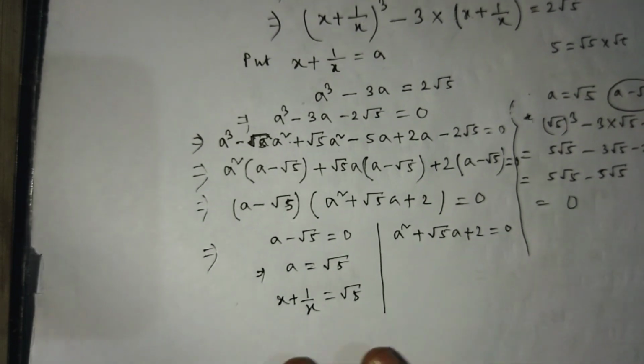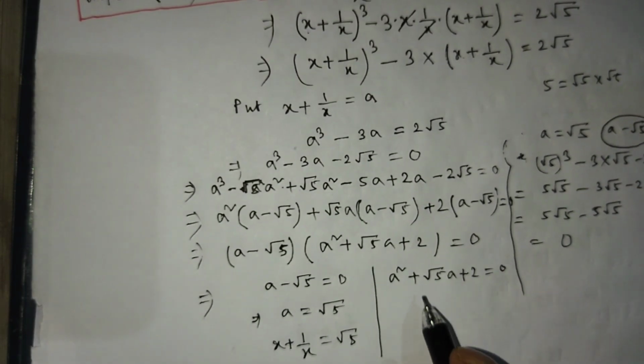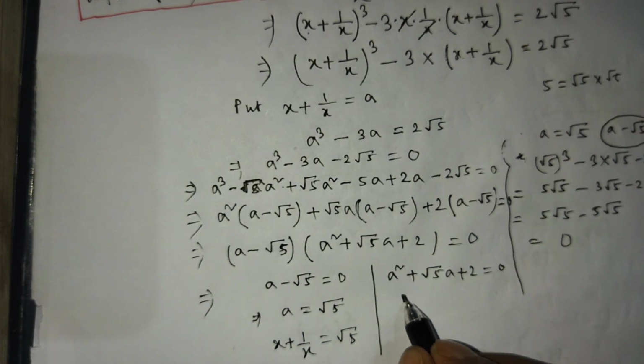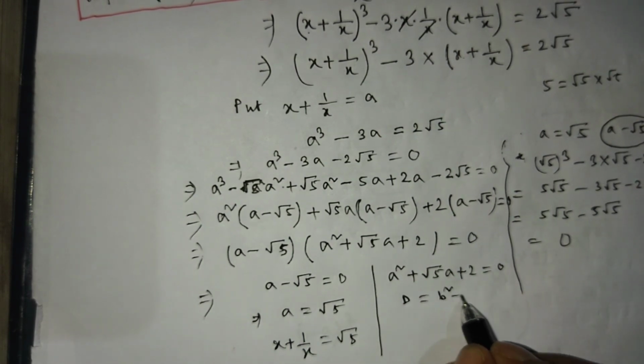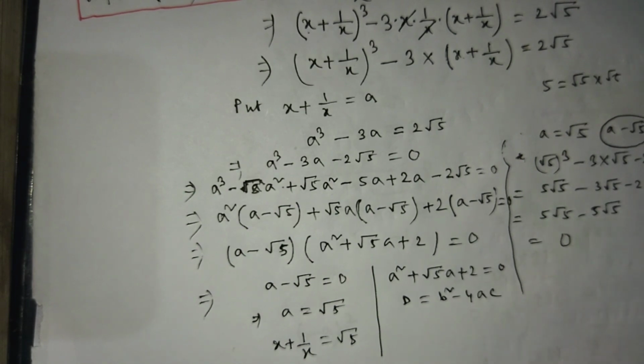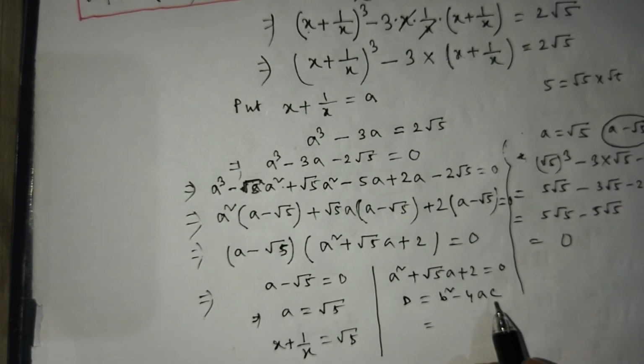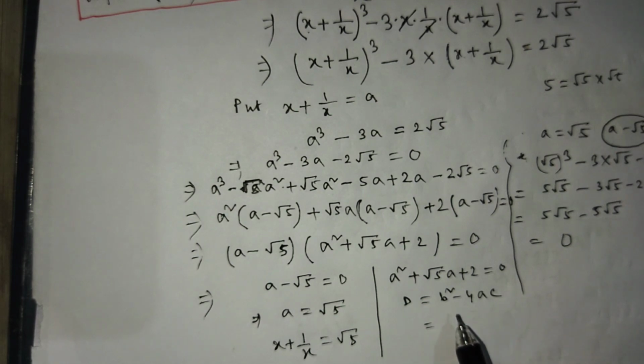So student, we have to solve this equation. So before solving this equation, we have to check the discriminant of this equation. Okay, the formula of discriminant is D is equal to b square minus 4ac. Okay student. So we have to put the value of a, b and c in this equation, then you get the discriminant.